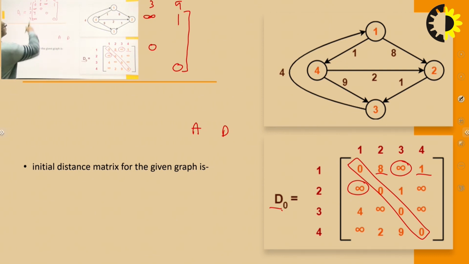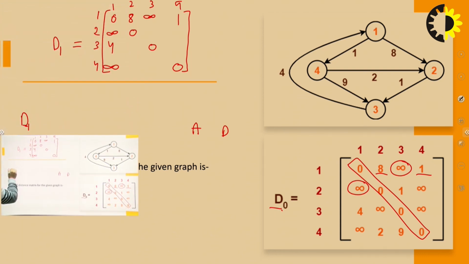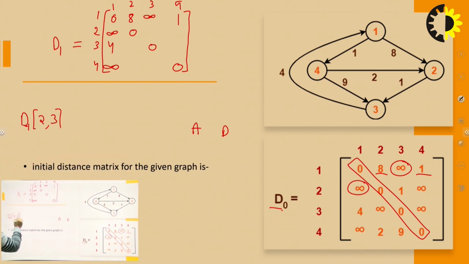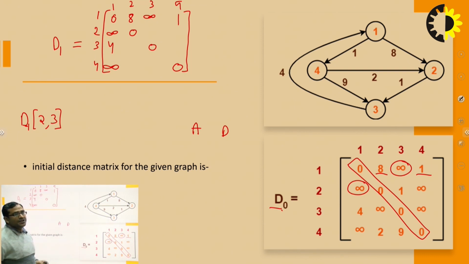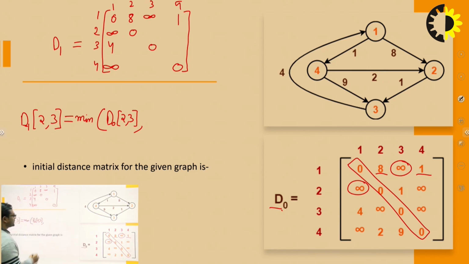So suppose I am calculating D1 of 2, 3. It is equal to the minimum; you have to call a minimum function here and write D0 of 2, 3, comma, and next D0 of 2 to 1 plus D0 of 1 to 3. Now we are going from 2 to 3 with 1 as the pivot element.